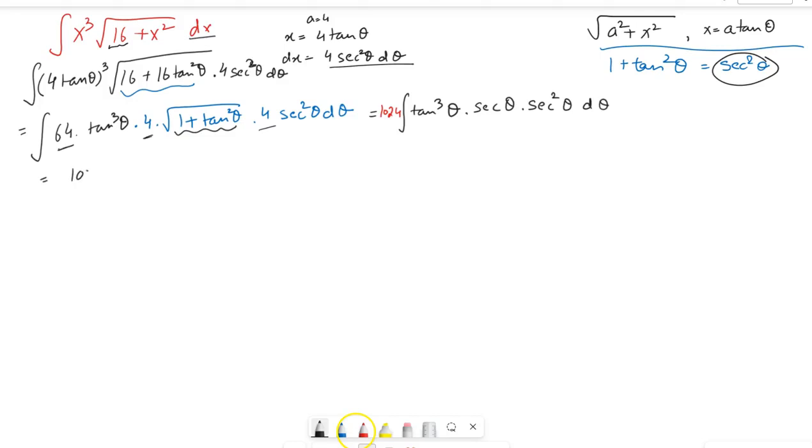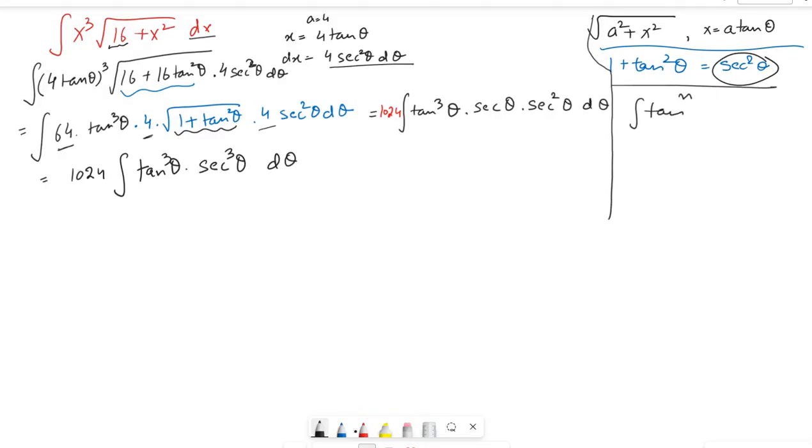So in conclusion, we have a trigonometric integral of this format, tangent power n theta times secant power m theta, where n is an odd number. Basically, tangent's power is odd. If you remember, that is the integral we did in the last section, 7.2.